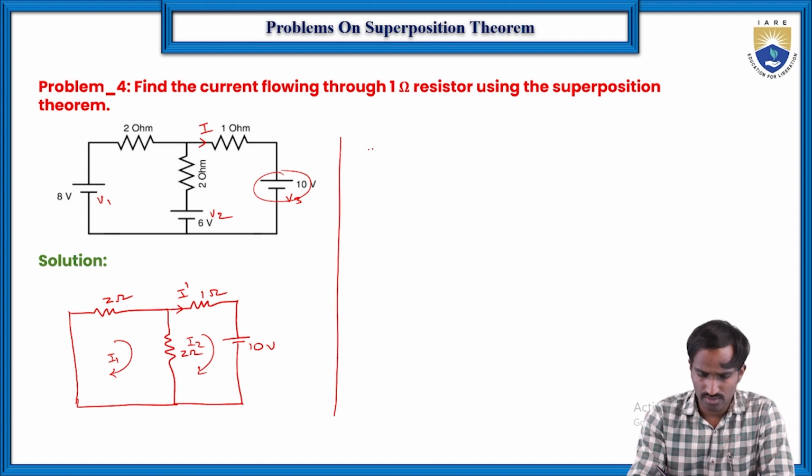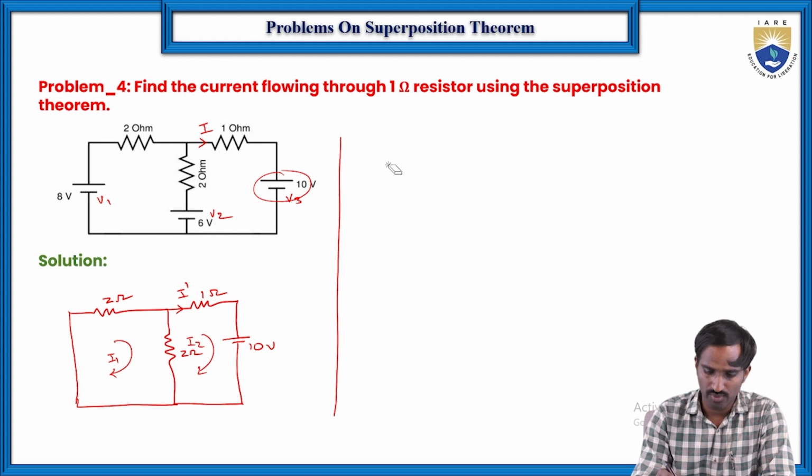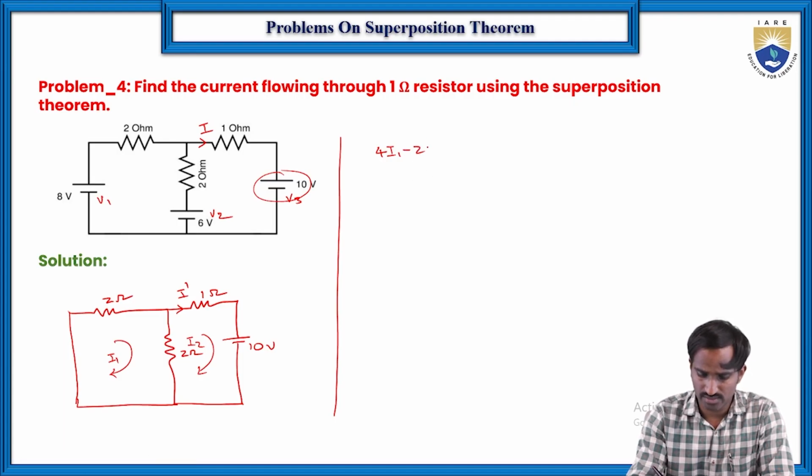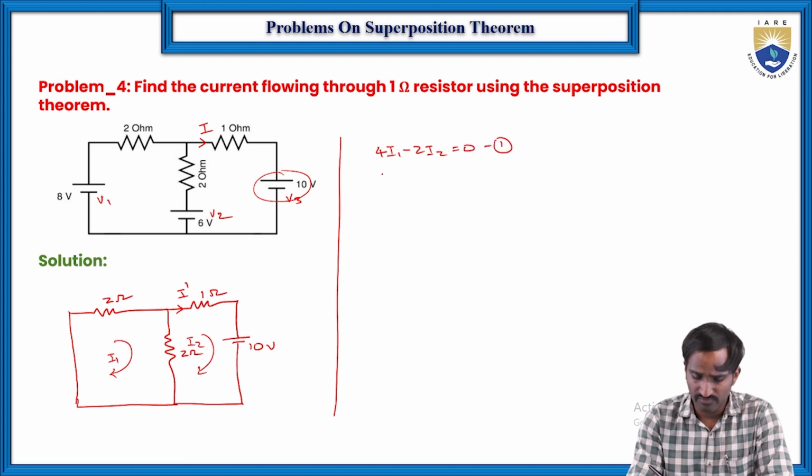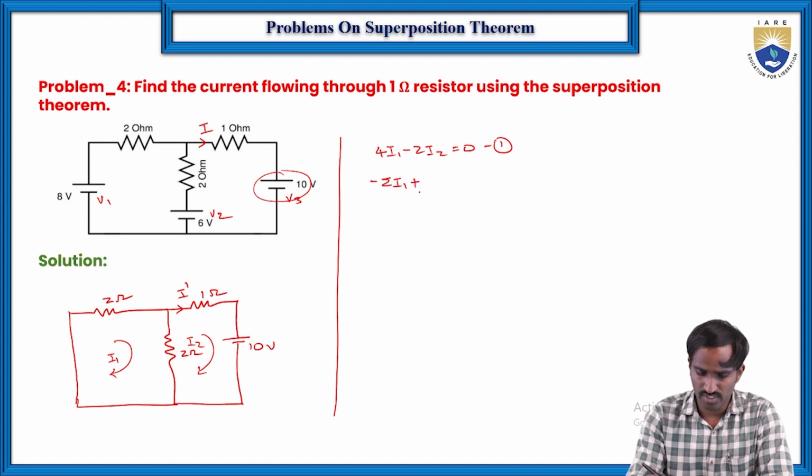Okay, so 2I1, directly I'm writing. 2 plus 2 is 4, so 4I1 minus 2I2, which is equal to 0. This is equation number 1. And when coming to equation number 2, here only I2 and minus 2I1 plus 1 plus 2 is 3, so 3I2, which is equal to 10, and this is equation number 2.